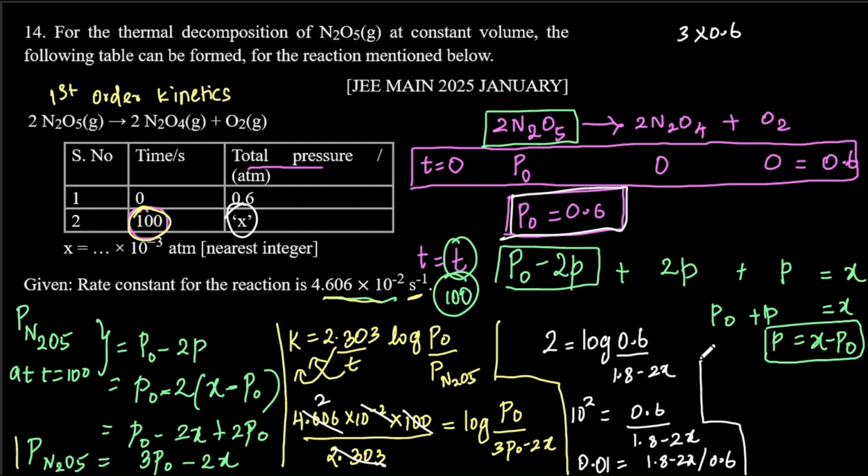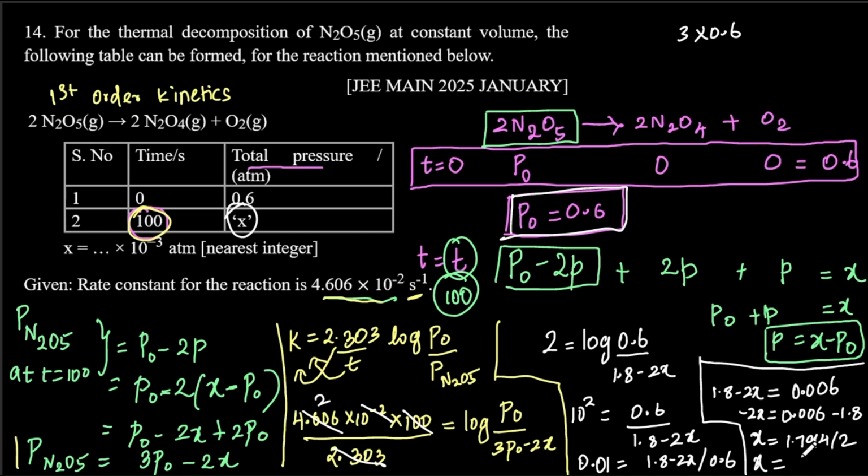When you solve this, you will get 1.8 minus 2x equal to 0.6, and this 0.01 will give 0.006. So 2x equal to 1.8 minus 0.006, that is 1.794 divided by 2. So the x value is 0.897.